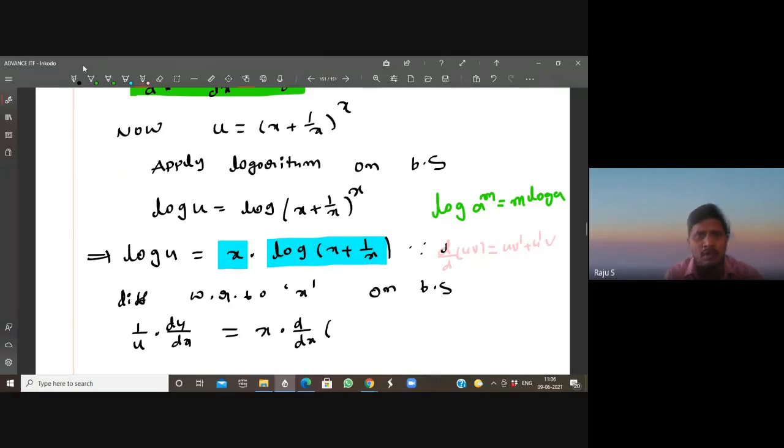So it is x into d by dx of log(x plus 1 by x) plus log(x plus 1 by x) into d by dx of x.